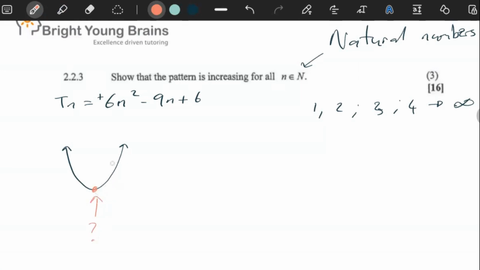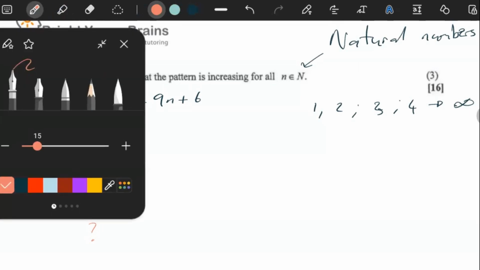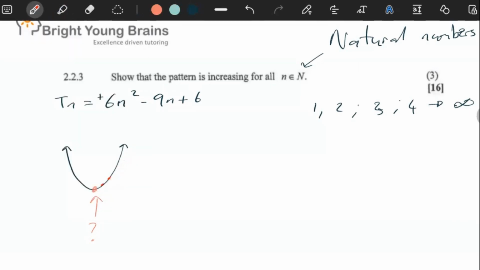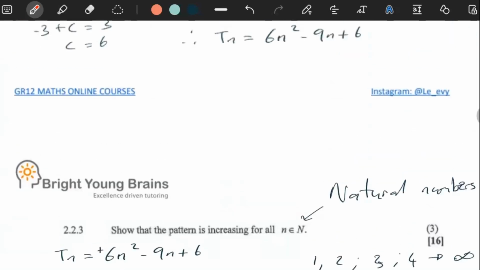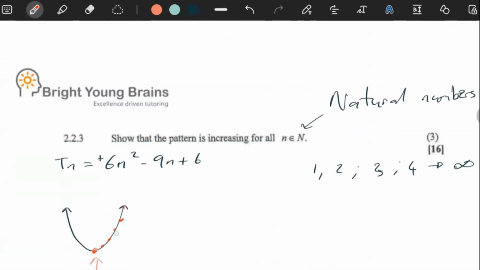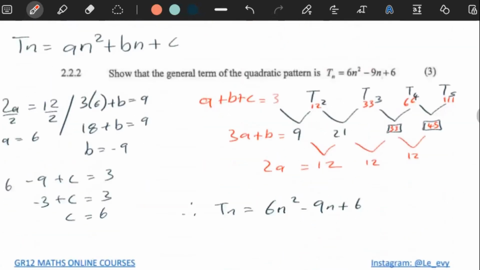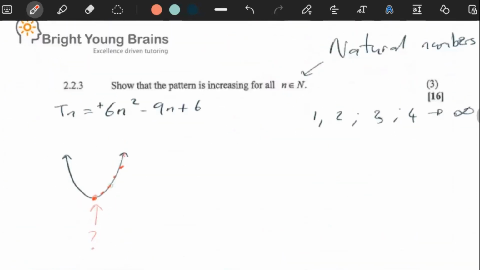After this turning point, all these numbers to the right are just getting higher and higher forever. But before this turning point, they were getting lower and lower until a certain point, and then they started getting higher. So somewhere here, this number could be the 111, this one could be the 66, and then the 33, and then the 12, going lower and lower. At some point, there's a turning point.